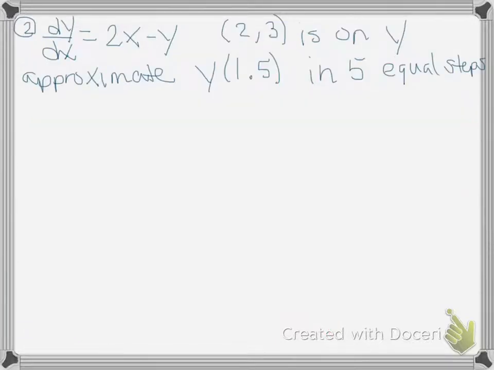Question 2. All right, I'm giving you that dy dx is 2 minus x. I'm telling you the coordinate point 2, 3 is on y, and I'm asking you to approximate y of 1.5 in 5 equal steps. Noticing here, I didn't tell you what delta x was. So you need to now think and tell me, what is delta x?